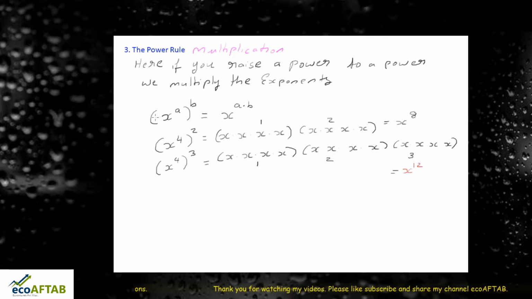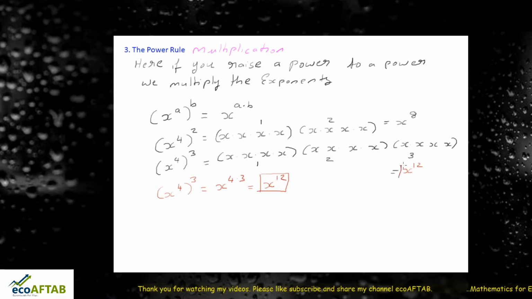So what the power rule says is, if it is x to the power 4 the whole to the power 3, you just take it up and multiply the exponent, 4 into 3. So what we'll get is x to the power 12. So this is what is the power rule.